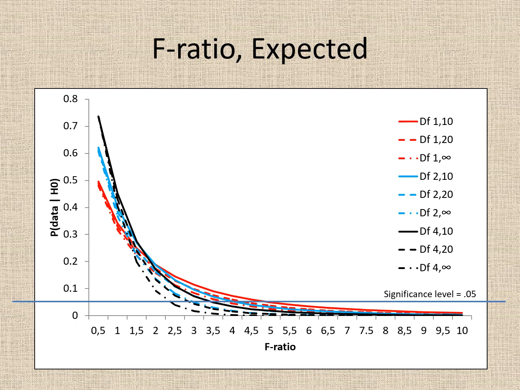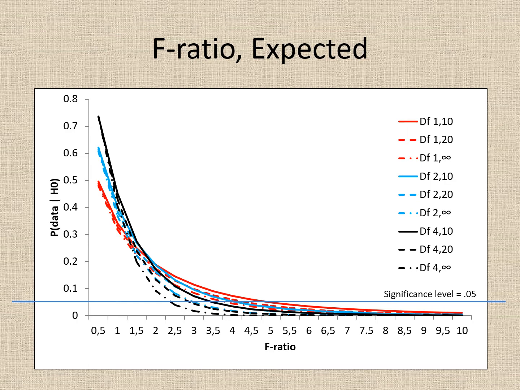So if we had 2 samples representing 2 different populations, 6 individuals each, how large would we demand the F ratio to be before we are allowed to reject the null hypothesis? Of course, you can't see exactly here, but approximately, that's our significance level. We would require the F ratio to be 5 or larger before we are allowed to reject the null hypothesis.